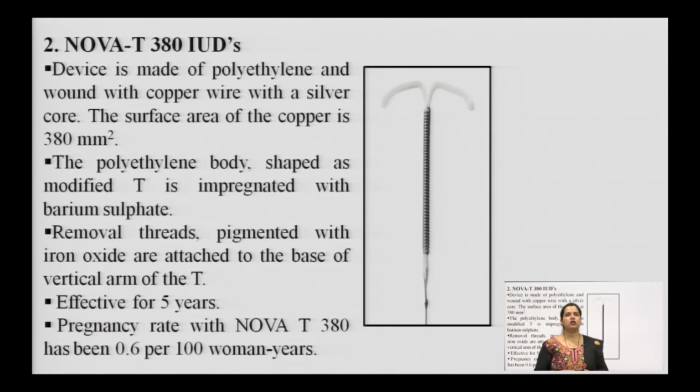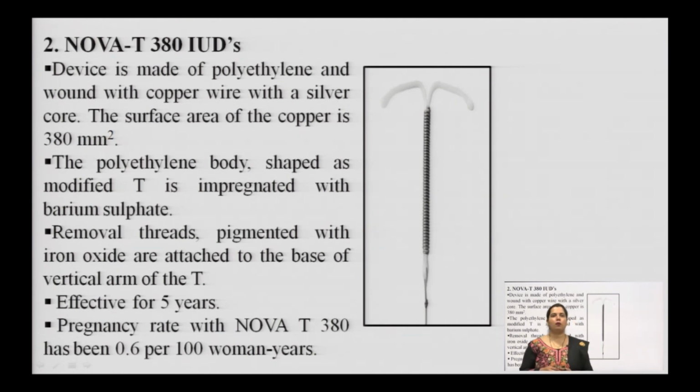The second advancement is the Nova T380 IUD. It also contains copper. As you see, the shape is like a T and the wire is coiled here, from here to here. In the Nova T380 IUD, the device is made of polyethylene and wound with copper wire with a silver core, right. So, this is the advancement.